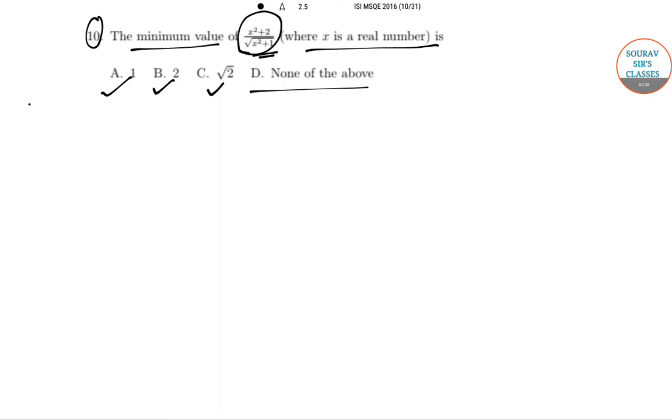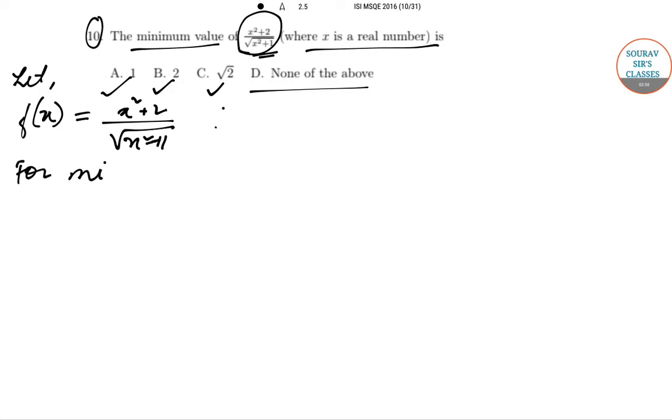So we'll assume that f of x is equal to x square plus 2 upon root over x square plus 1. Now for minima or maxima, f dash x is equal to 0.